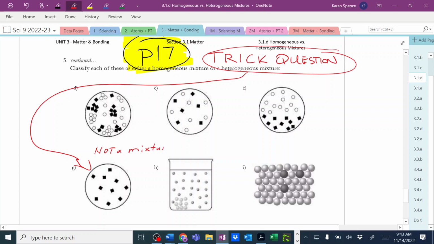It is a pure substance. Okay, so if you got tricked by that one, it's because I wasn't playing fair. I said it would be a heterogeneous mixture or homogeneous mixture, and that one was neither. But I did it on purpose because I wanted to see if you were paying attention, see if it made sense to you. Okay, we are going to move on to page 30.